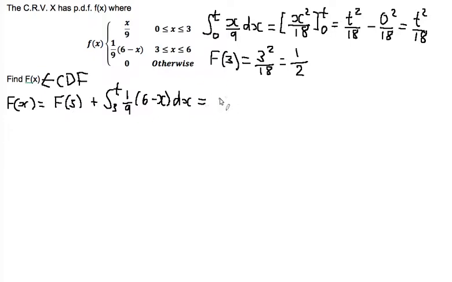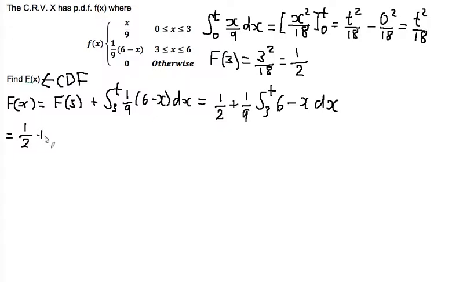F of 3, which I've already done, is equal to a half, plus I'm going to take that 9th outside just to make the integration easier: 1/9 between 3 and t of (6 minus x) dx. Don't forget the half. The half is important because it accounts for all the probability that's accumulated in the range 0 to 3. When I use this function for the second part, I want it to take that into account too.